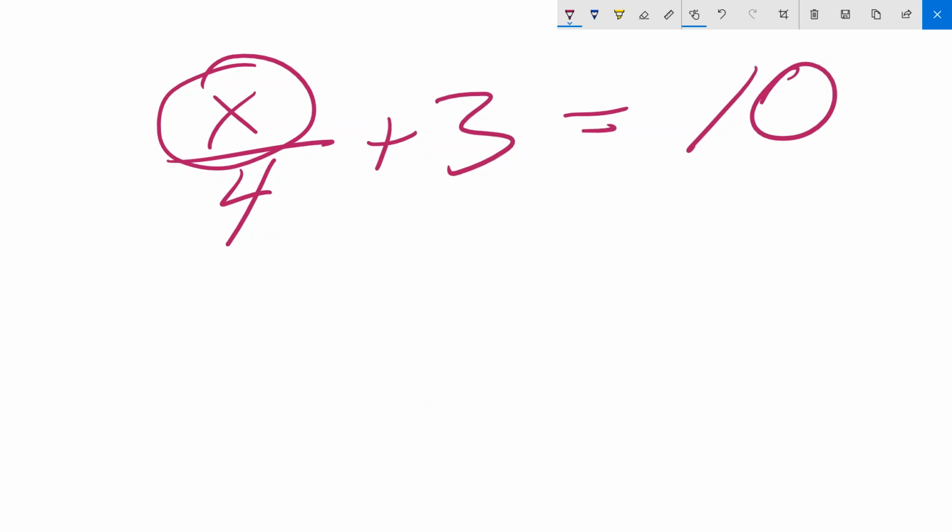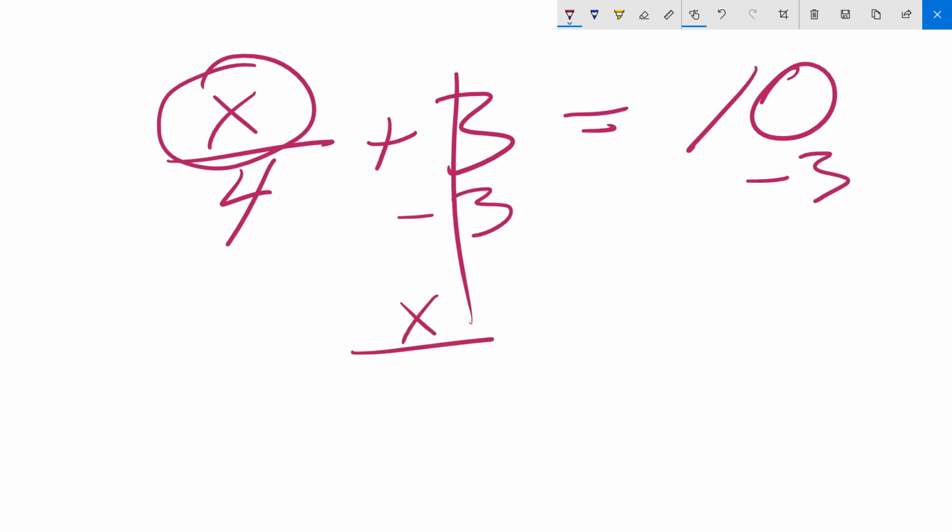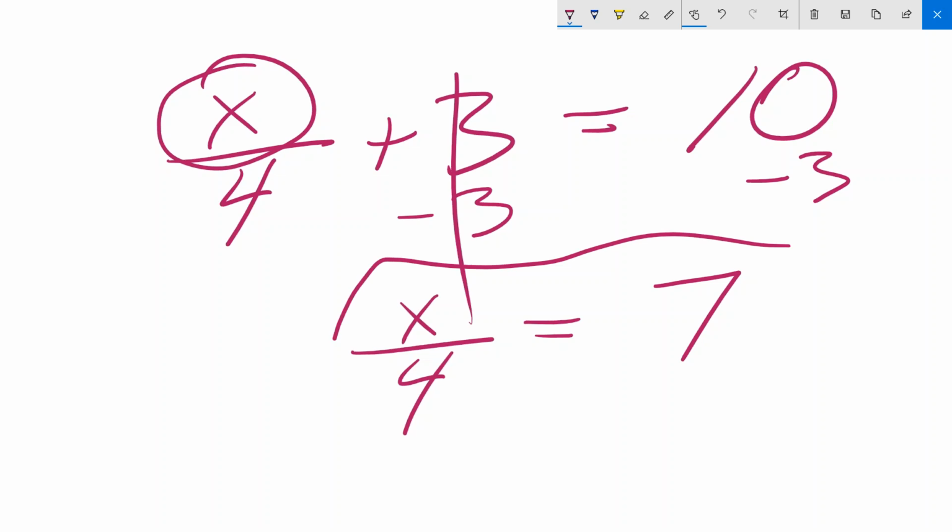So what's the easiest number to get rid of first? The 3, actually. Yeah, because what can I do? Subtract both sides. So I'm going to subtract 3 from both sides. It crosses that out, as it always does. Leaving that and that. Now, what am I going to get rid of next?